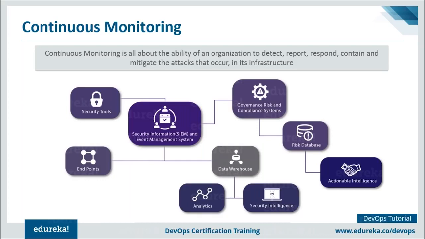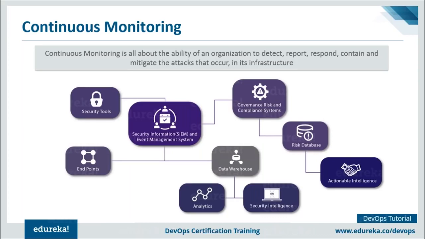So what is continuous monitoring? It is all about the ability of an organization to detect, report, respond, contain, and mitigate the attacks that occur on its infrastructure or on the software. Basically, we have to monitor the events on an ongoing basis and determine what level of risk we are experiencing.